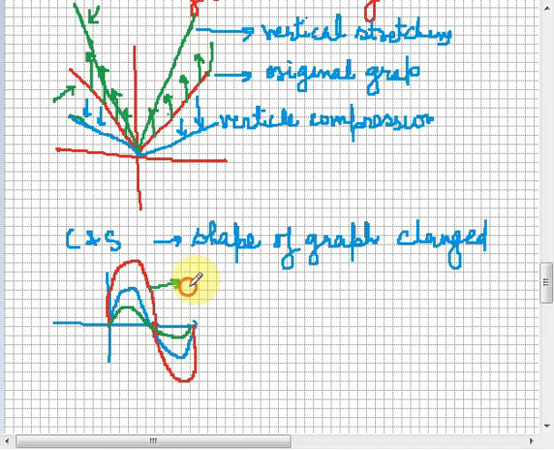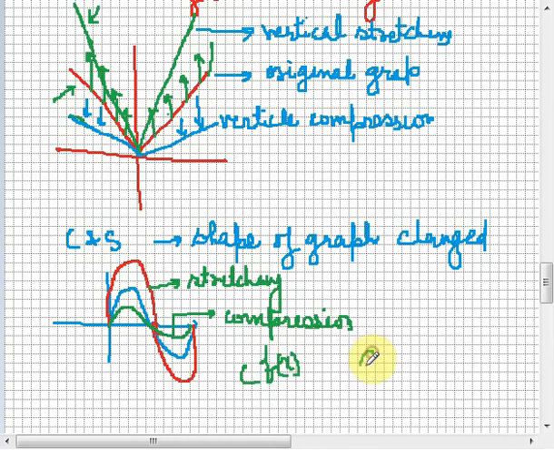This is stretching, and this one is compression. How does it happen? We multiply the graph by some positive real number c. If c is greater than 1, then stretch. If c lies between 0 and 1, then compress.